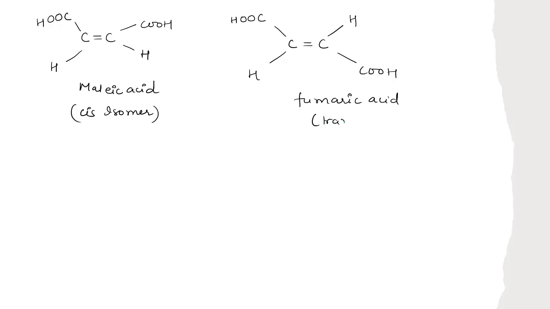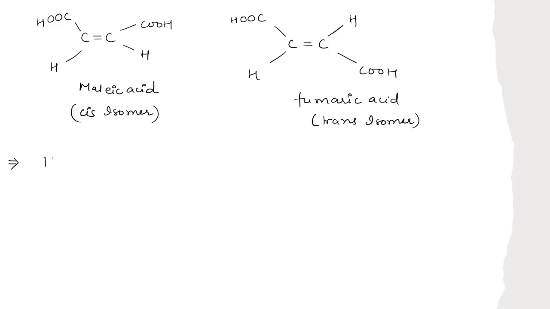Understood? There are many examples of cis and trans isomers. What you have to stick to is the carbon-carbon double bond: if the groups are present on the same side of the plane of rotation, then it is the cis isomer. If the groups are on the opposite sides of the plane of rotation, then it is the trans isomer.